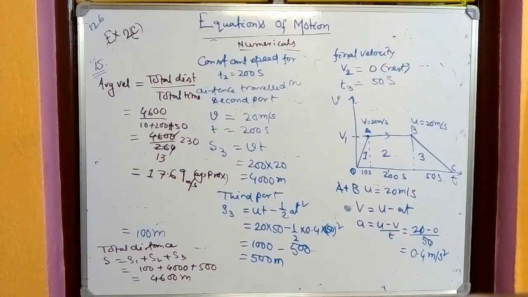We'll get an approximate value, not an exact value. So this is the average velocity, that is total distance upon total time.